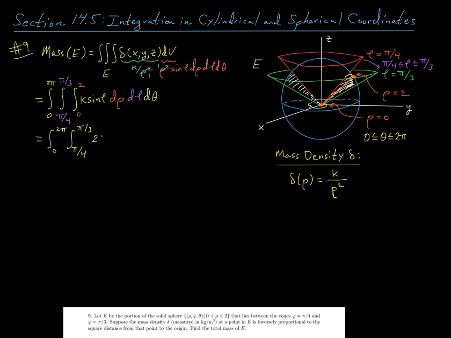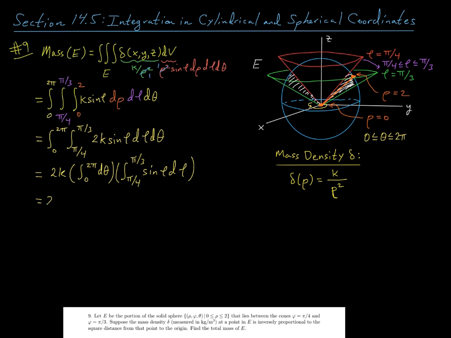Okay, so that part's pretty nice. And then the 2k can come out front, and the integrand here, sine phi, is independent of theta, so as usual we can, as a simplification step, just break this up. And so we're just integrating sine phi from pi over 4 to pi over 3.